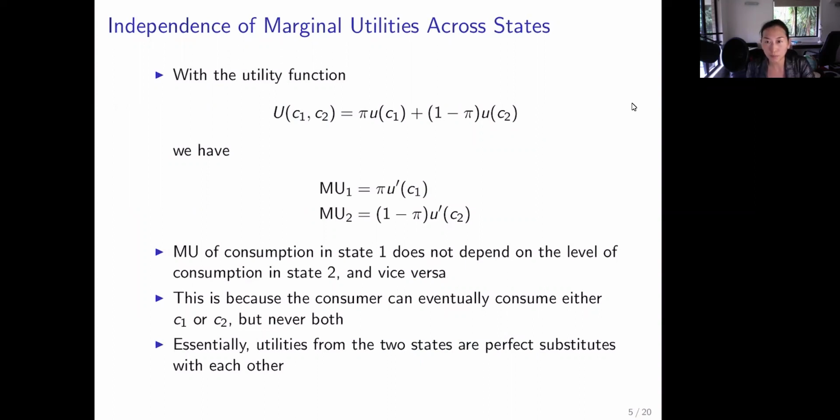Because C1 and C2, right, these are state contingent consumption which are mutually exclusive. You either consume C1 or you consume C2.